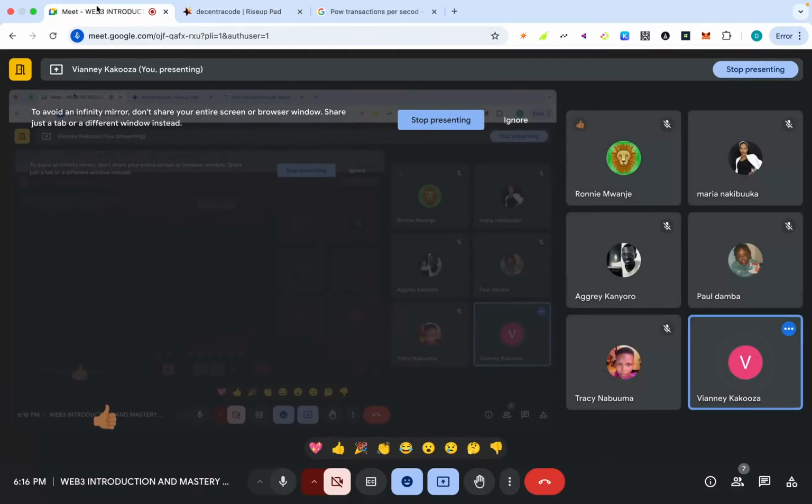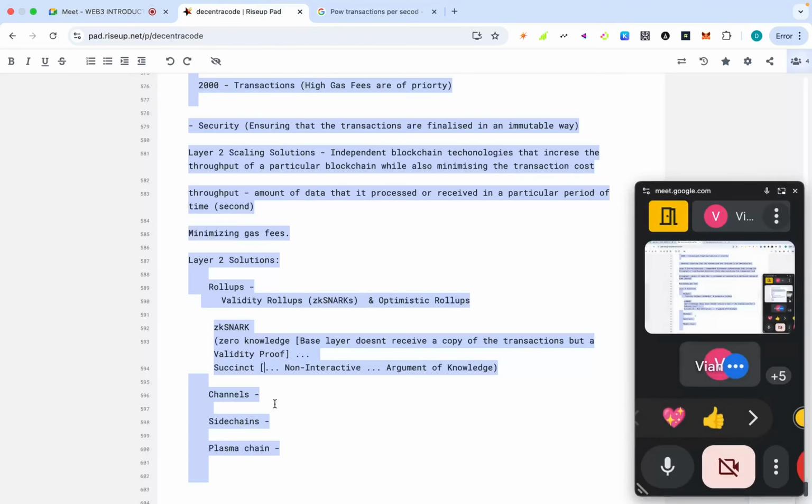Some feedback. Okay. So succinct in English simply means precise. Precise, simple, precise. Now, in the case of a ZK snark, succinct would mean only the necessary information. All these words find their definition in relation to the base layer, in this case Ethereum, compared to the validity rollup, which would be like Stacknet.